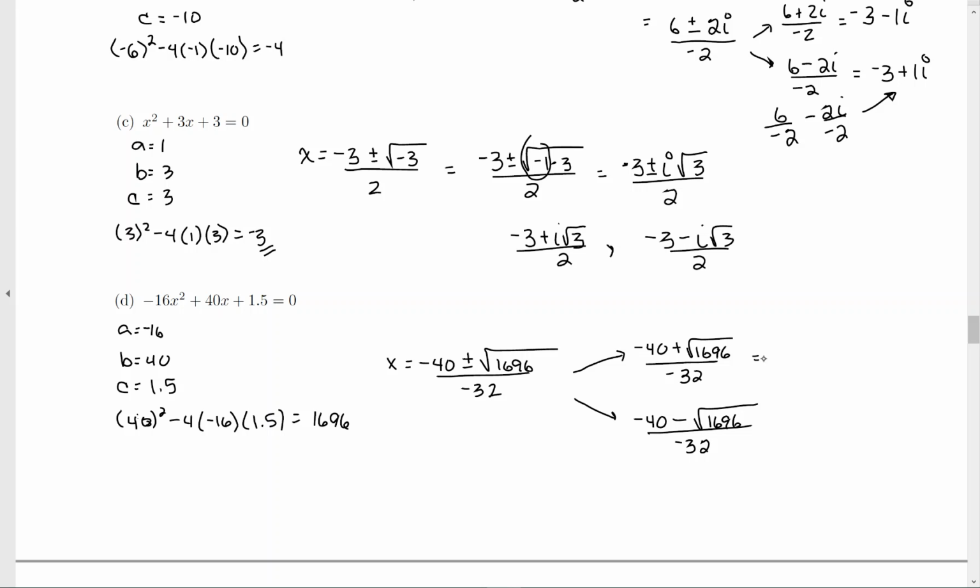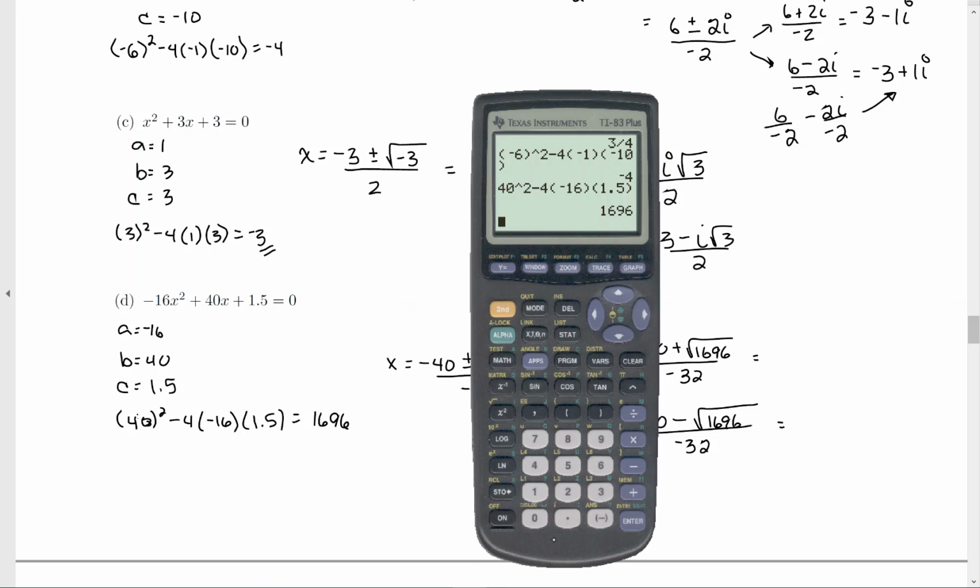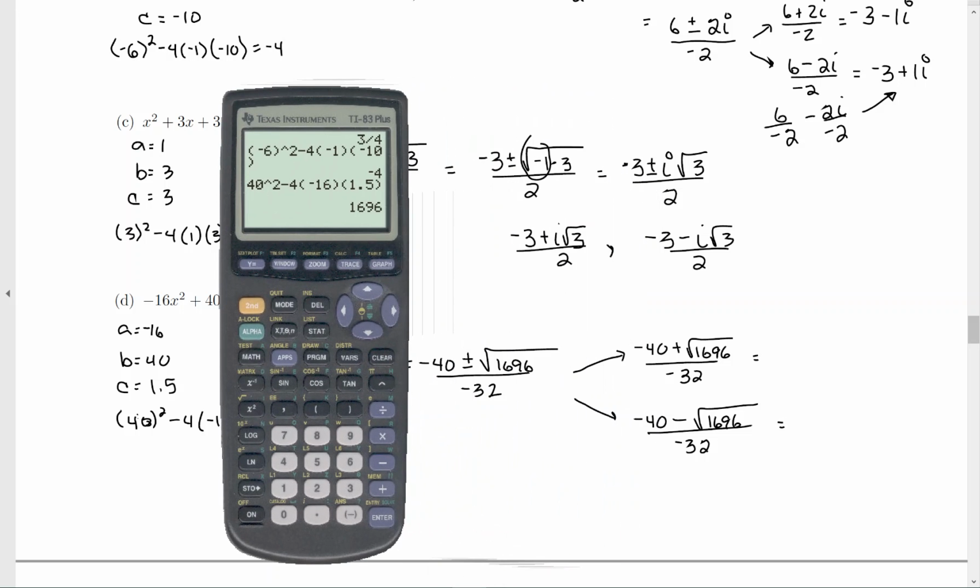We're going to look at the decimal approximations because on the word problem, they were wondering, how much time would it take for the ball to land? So we're going to look at the first one, negative 40 plus the square root, so second x squared, 1696, close parenthesis. Now hit the enter button to calculate the numerator, then divide by negative 32.